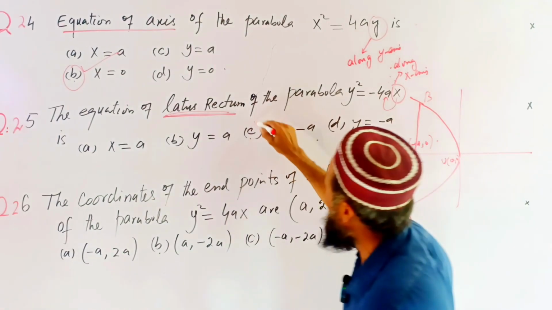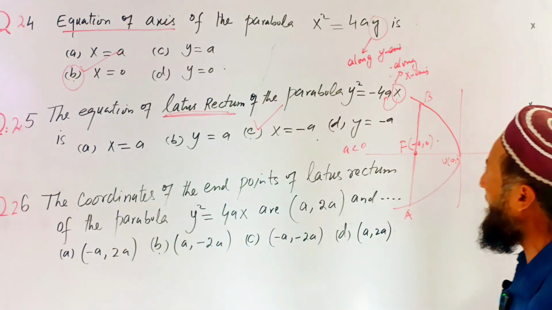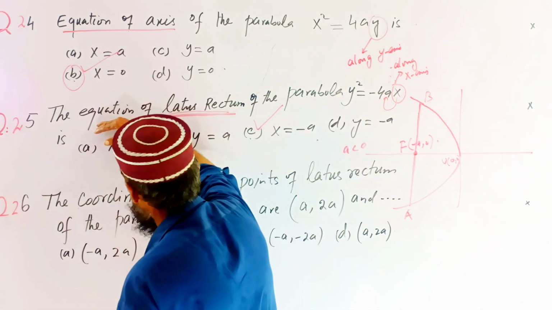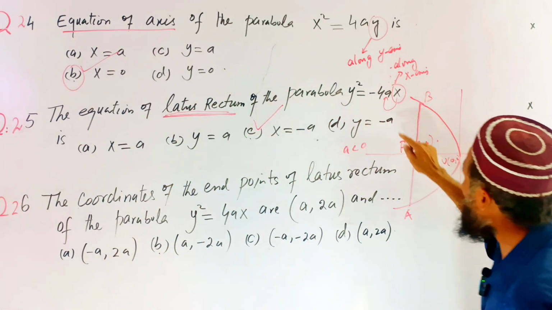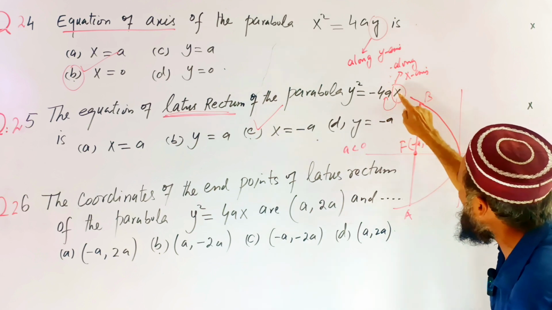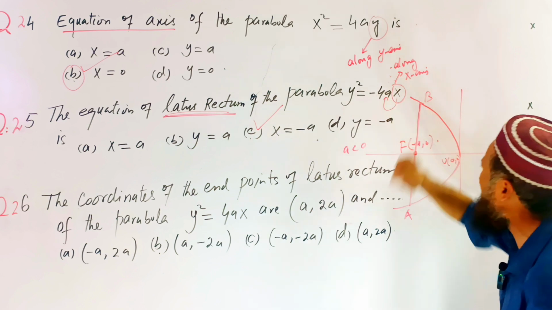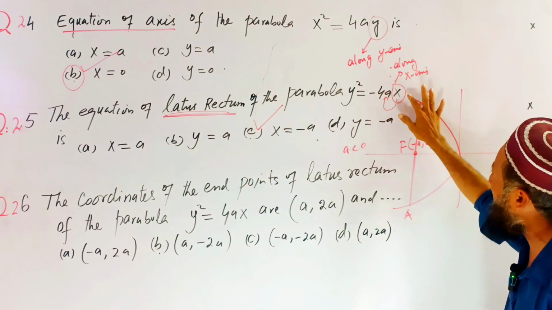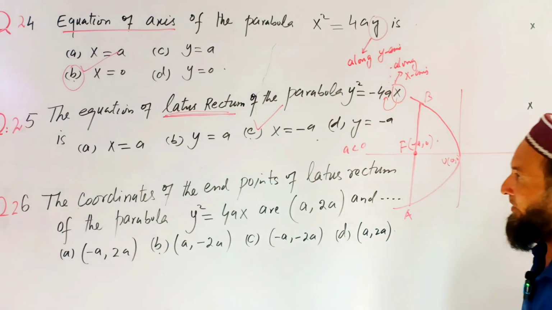Now check here. Option C is the correct option. When we find latus rectum of their equation, there will be no change in this value. We take x is equal to minus a. For example, if here is positive, we will take x is equal to a.